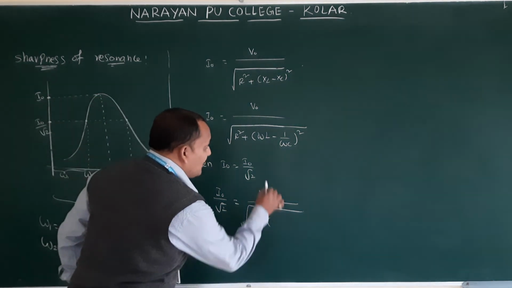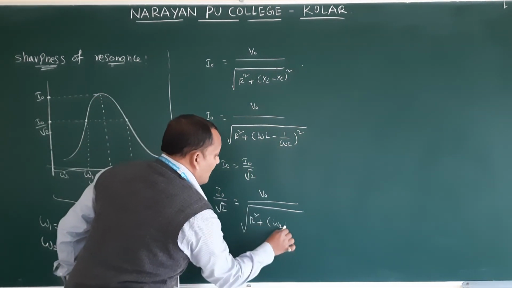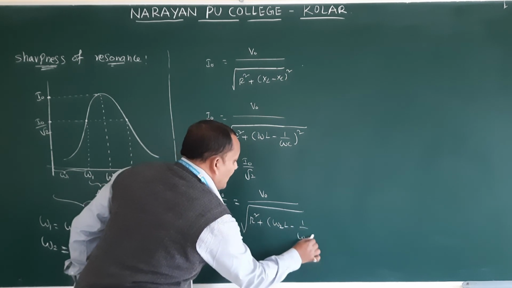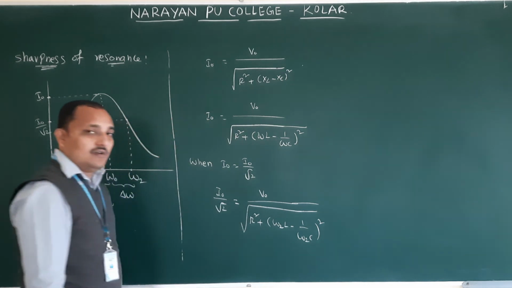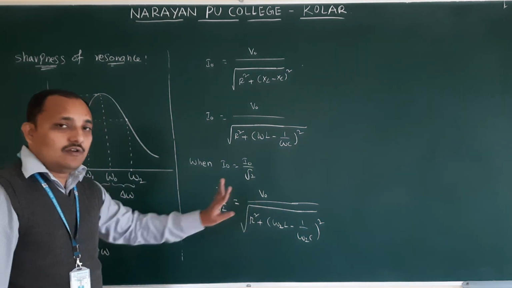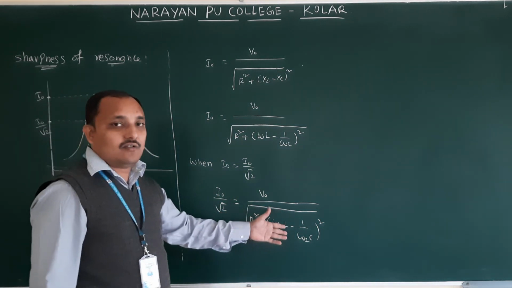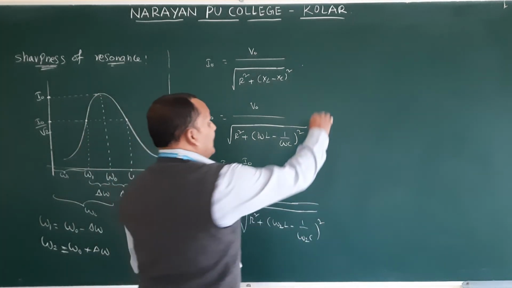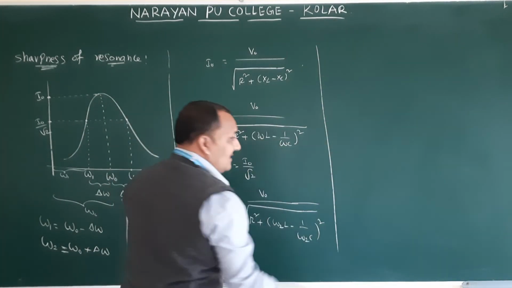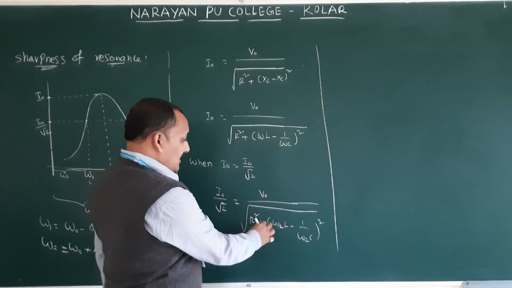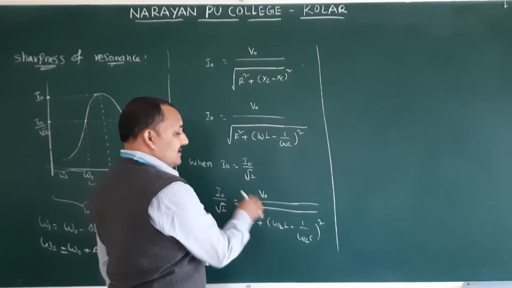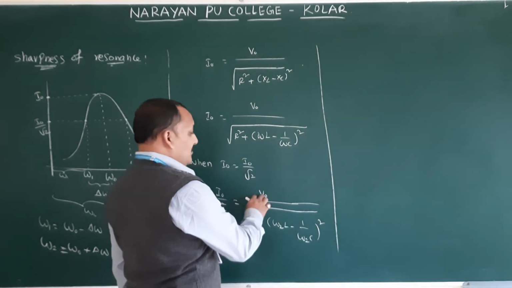First we will write omega 2: omega 2 L minus 1 by omega 2 C. This is also correct, omega 1 also we can write. I will do it with omega 2, you can do it with omega 1. Now this term we can bring to this side, this term to this side. So root 2 into V.